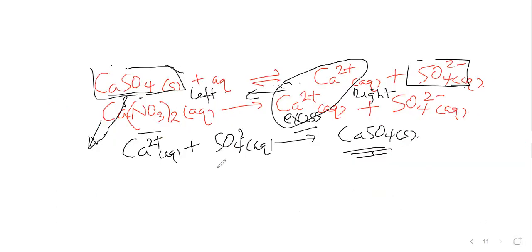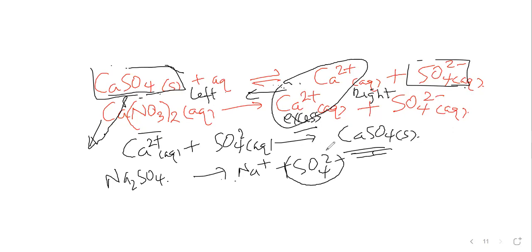The other way I can do that is by addition of maybe sodium sulfate. Sodium sulfate is also very soluble, introducing sodium ions and sulfate ions. This one completely ionizes. So the excess sulfate ions here will now react with calcium ions, form sparingly soluble calcium sulfate.